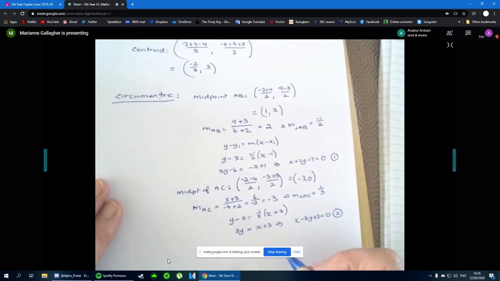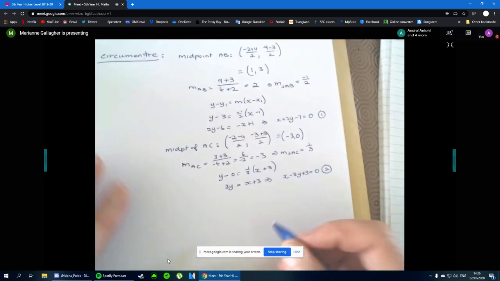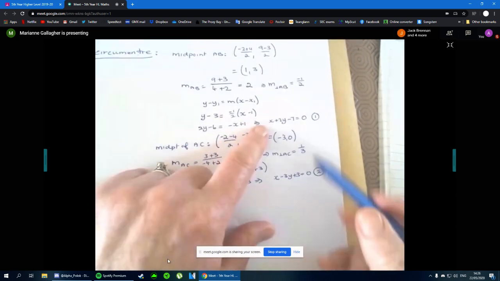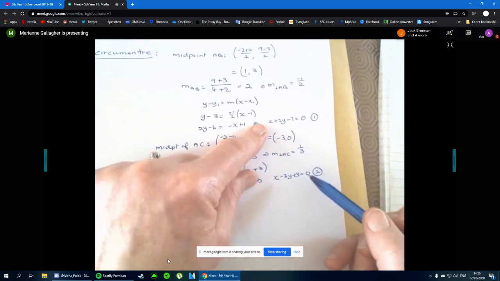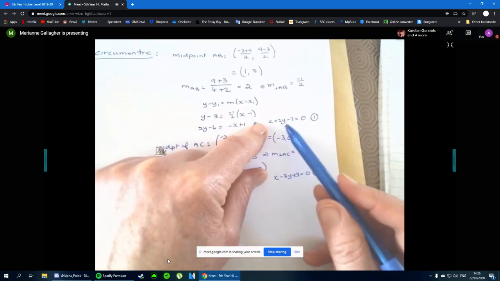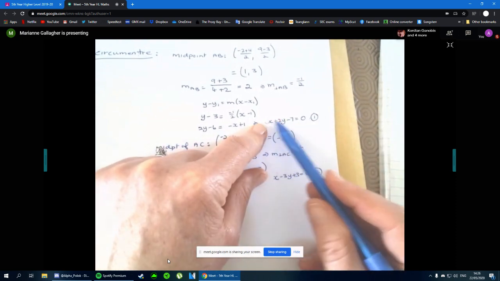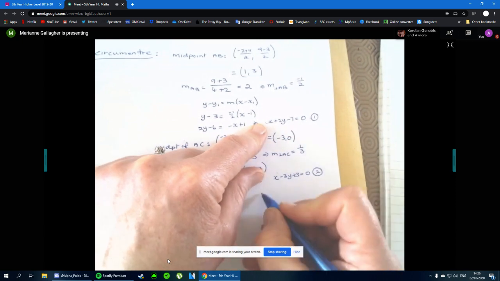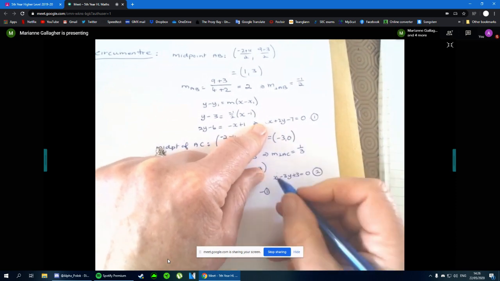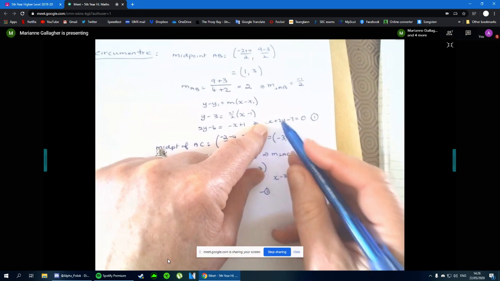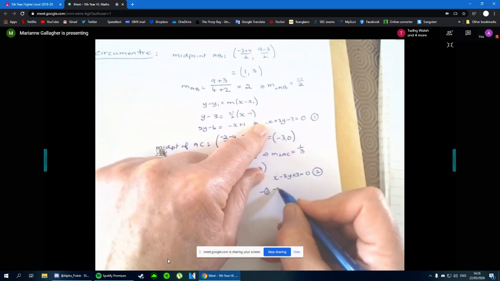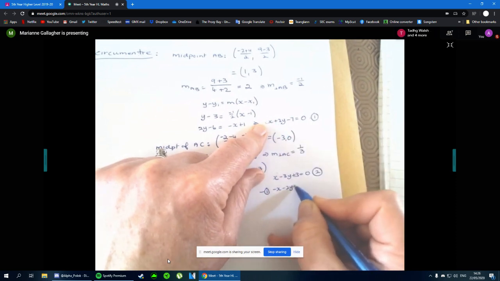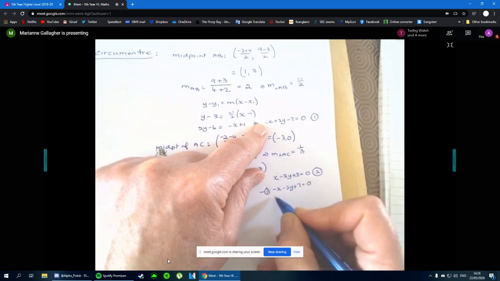And then I find where those two lines cross each other by simultaneous equations. So if you look at equation 1 and equation 2, I want equal and opposite coefficients. So if I just change all the signs in this one, so minus equation 1, rather than write them all out again, I'm just going to write this one down underneath, but change all its signs so that the simultaneous equation works out nicely. Is that okay?